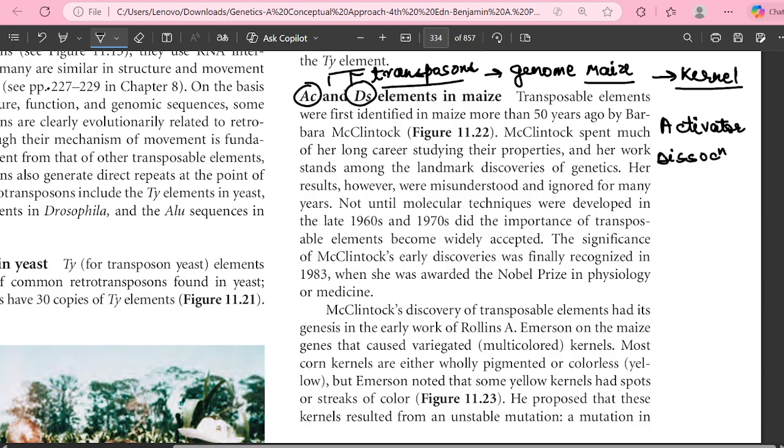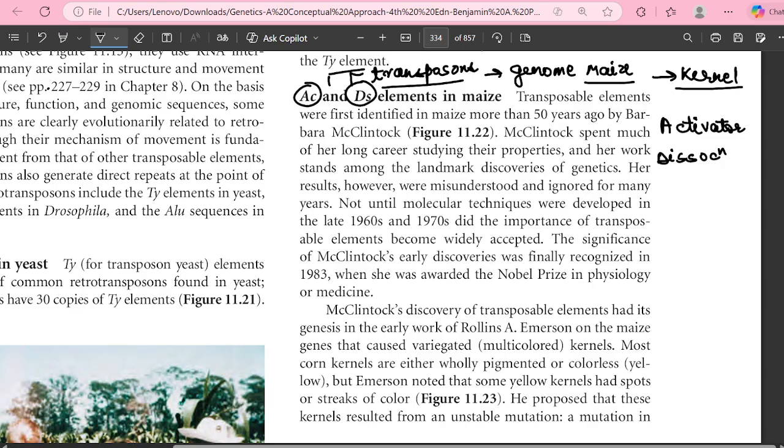These two transposons are responsible for the pigmentation in the kernel of the maize. Now we have to talk about how they cause the pigmentation.